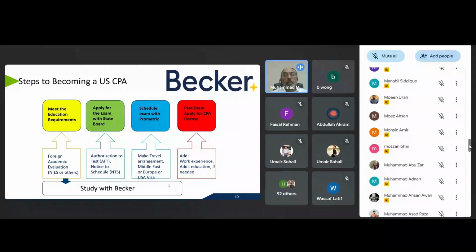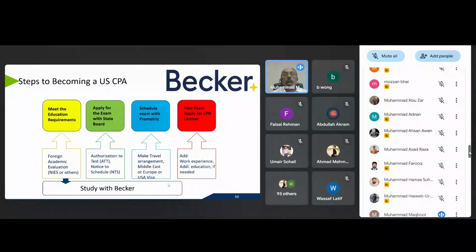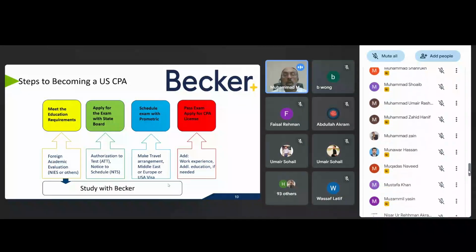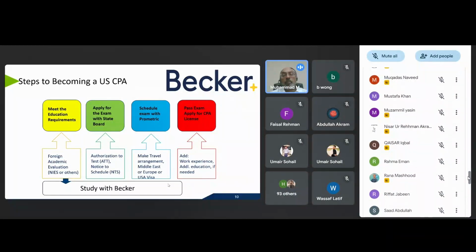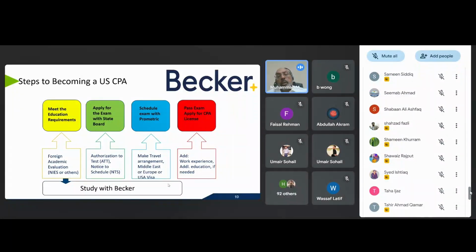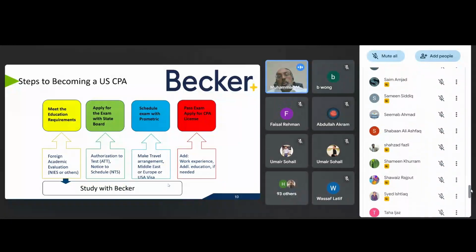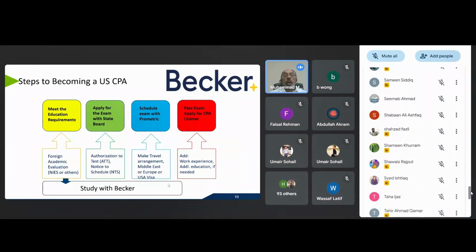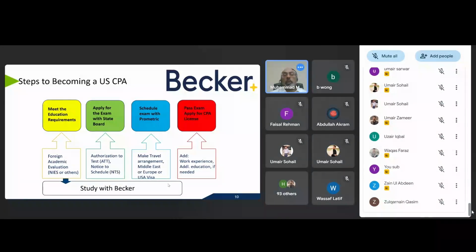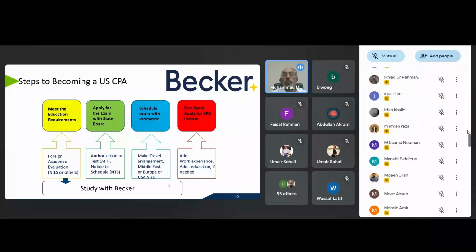And the second step, I mentioned, is to study with Becker. So you don't have to apply for the examination at this stage, because you should apply when you are quite ready or near ready to take the exam, because the authorization to schedule your exam is provided to you with a validity of around 6 months.